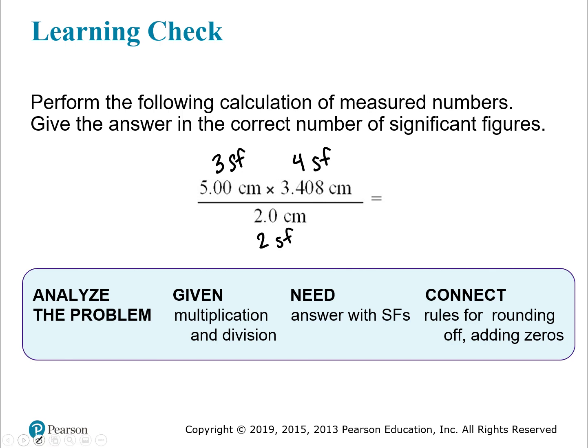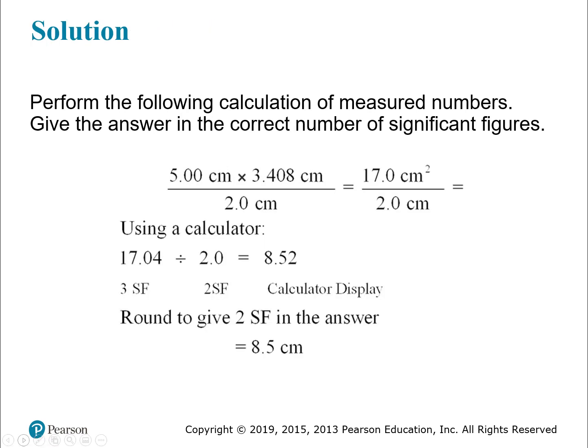So hopefully you have done it. Here's our solution, okay? So we went over the sig figs. We've got 3 sig figs, 4 sig figs, 2 sig figs, okay? When we do our multiplication, we can only have 3 sig figs up here, when we multiply 5 centimeters by 3.408 centimeters.